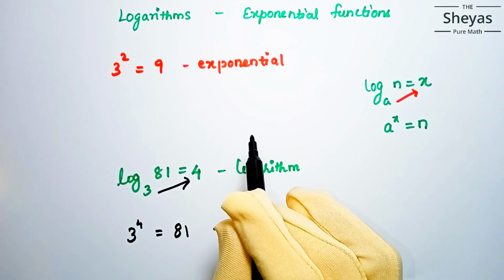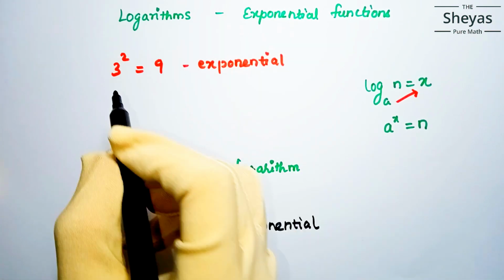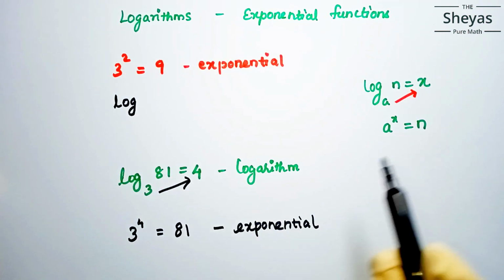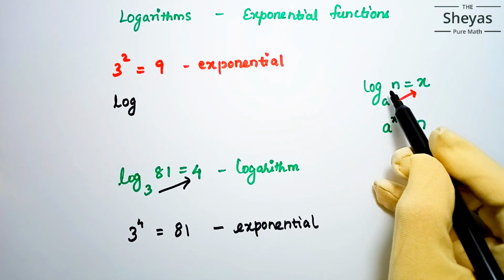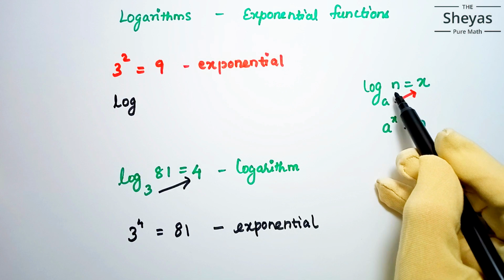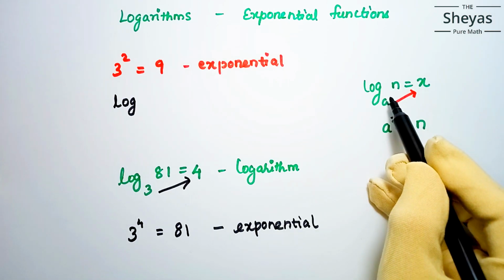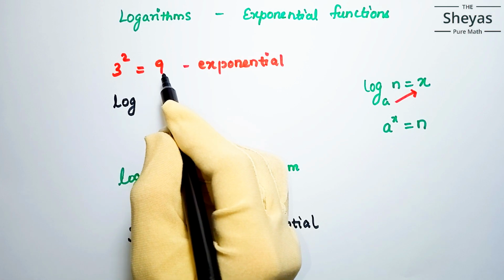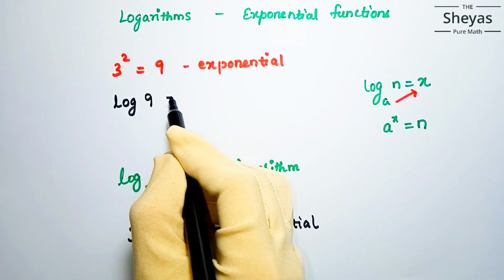Now we are going to convert this exponential form to logarithmic form. First write log. See here, n is on the right hand side, and when you write it in logarithmic form, it will come near to the log, on the left hand side. So 9, which is on the right hand side, will come near to the log: log 9.